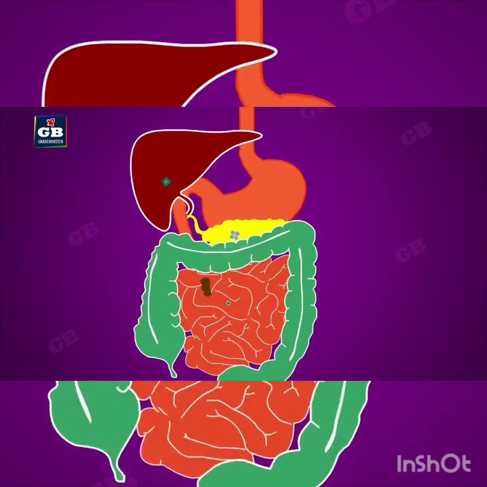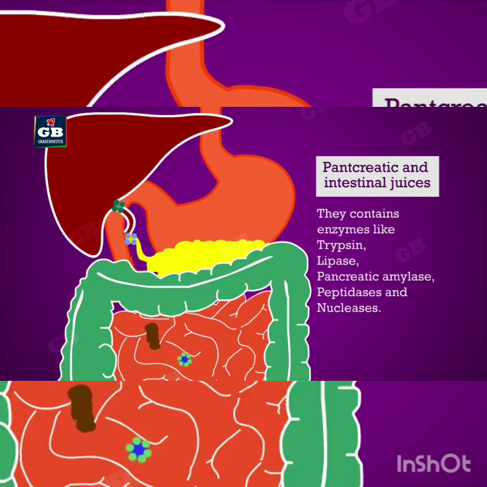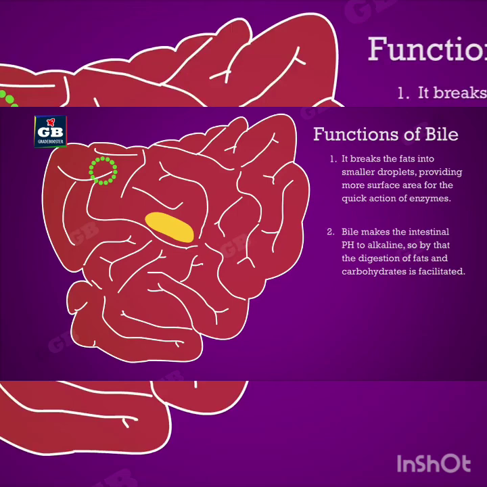It receives pancreatic juice from the pancreas, intestinal juices from the glands in the intestines, and bile juice from the liver. Pancreatic juice and intestinal juices contain enzymes like trypsin, lipase, pancreatic amylase, peptidases, and nucleases. Bile does two things. 1.